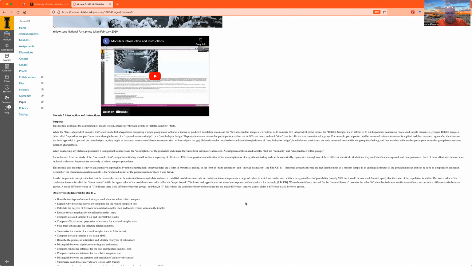Or they might be measured across two different treatments, within subjects design. Related samples can also be established through the use of matched pairs design, in which case participants are only measured once within the group they belong, and then matched with another participant in another group based on some common characteristic.